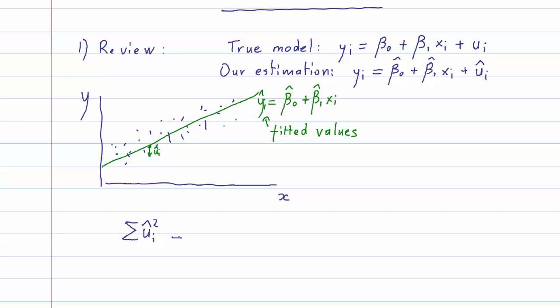So as I said before, ui hat is basically the difference between the real y and the fitted value, yi hat.